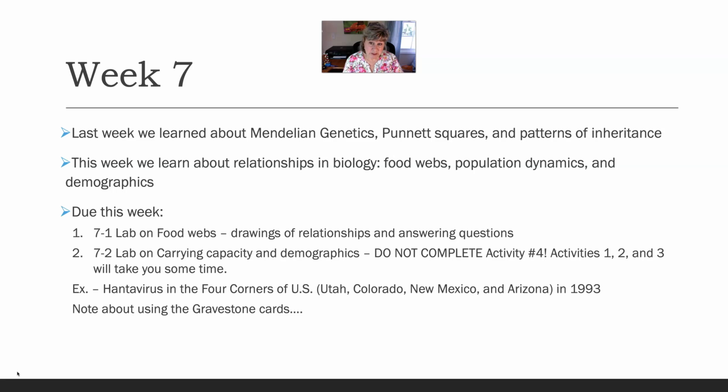But what was the connection between the hantavirus and these young people? Well, we figured out that the hantavirus was carried by mice. In fact, that spring, there had been plenty of rain in this normally arid environment. That caused many plants to reproduce and produce lots and lots of seeds.